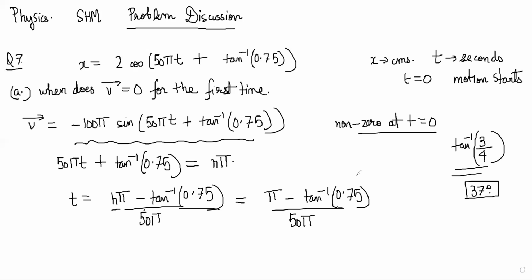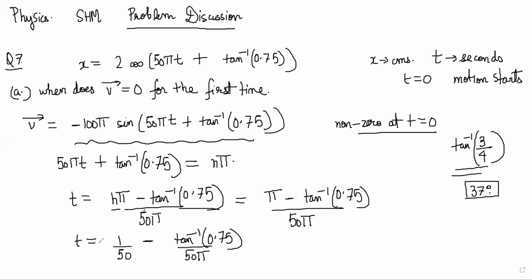How is the answer written? Seventh one, the answer is given as 1.6 into 10 power minus 2. Okay, so let's simplify this a little bit. It is 1 by 50 minus tan inverse 0.75 by 50 pi.